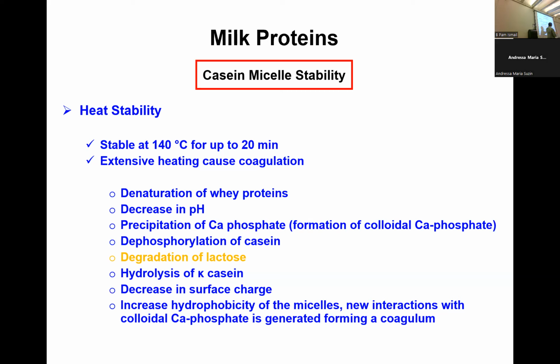We form something called colloidal calcium phosphate. At high temperature, calcium phosphate within the micelle leaches out and changes the balance of free calcium and free phosphate. And you form a big colloid of calcium phosphate outside of the casein. By forming big colloids, the phosphates lose hydrogens.